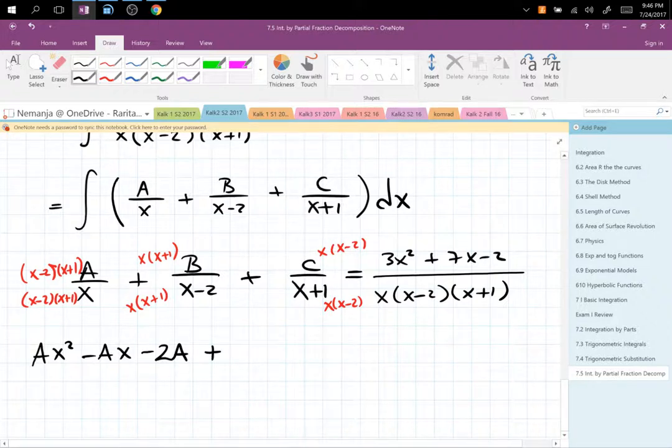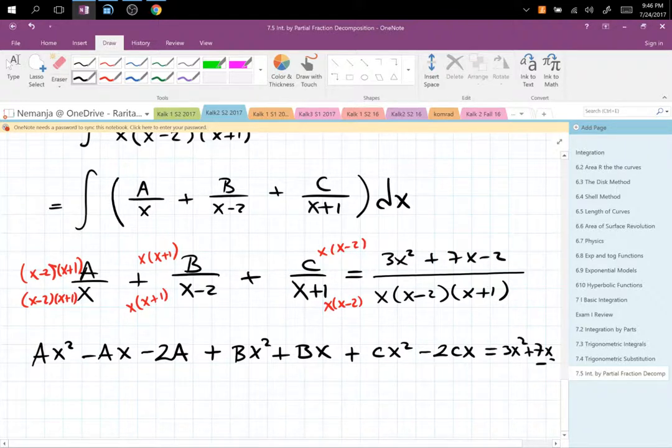Plus b x squared plus b x. When you distribute x, you get x squared plus x, then times b each. And plus c x squared minus 2c x equals 3x squared plus 7x minus 2.